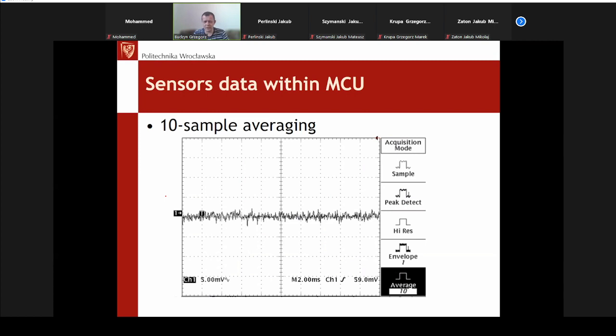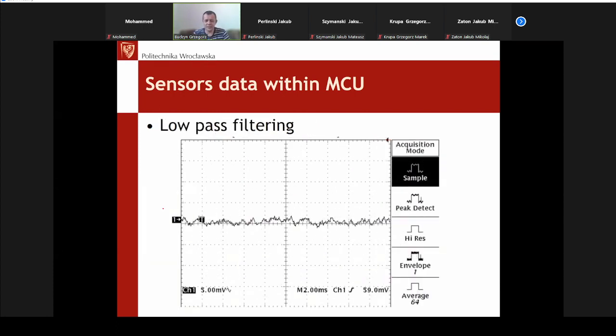Here on the oscilloscope, I had the samples just from the oscilloscope, to have it simple, but the same rules apply for a microcontroller as well. So 10 sample averaging is very simple averaging. You take 10 samples and make an average of it. It reduces the noise already to the level of less than 5 millivolts.